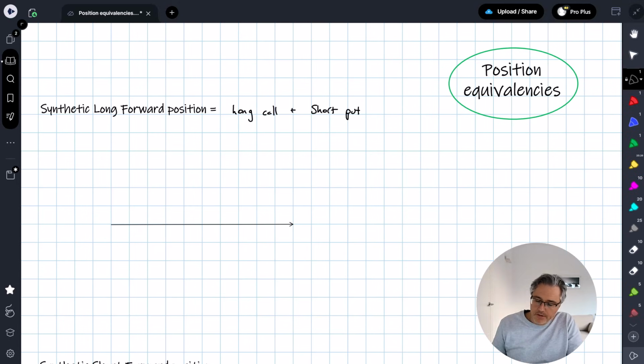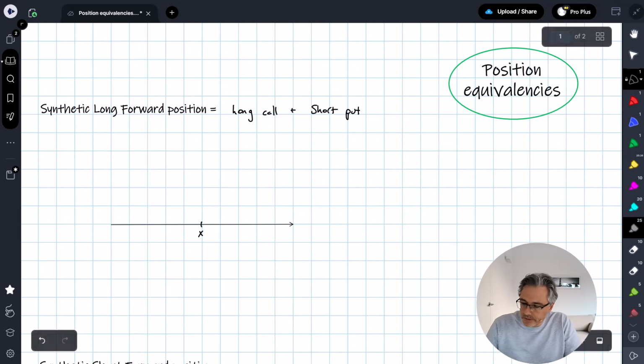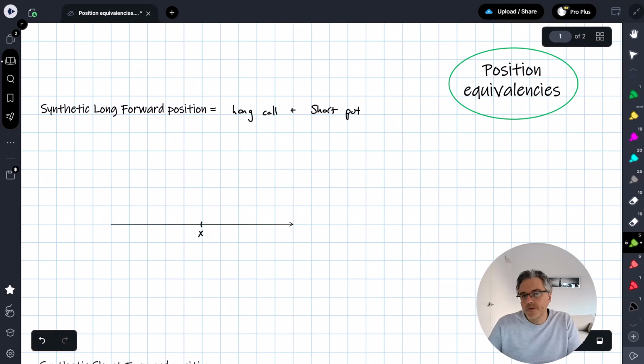And over here, I've got a little axis on which I will somewhere roughly in the middle draw an X. That X is going to be the exercise price, or the strike price, of our 2 options, the call and the put.